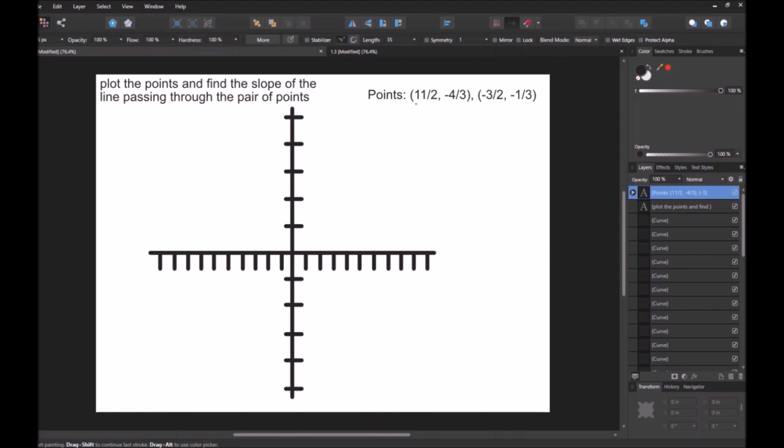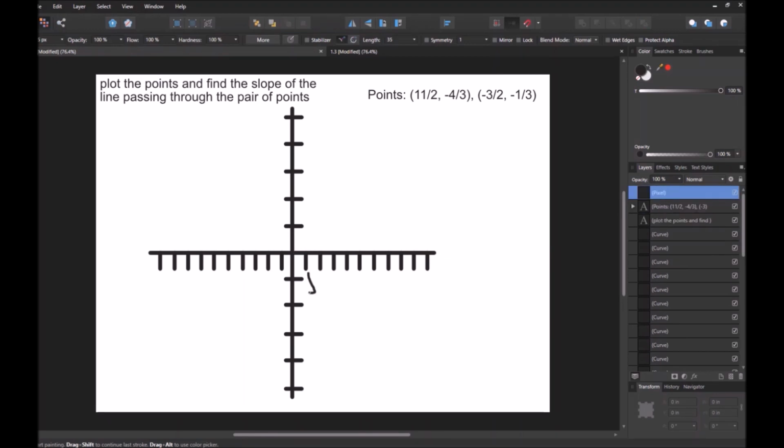So the points we're given this time are 11 halves, -4 thirds, and -3 halves, -1 third. So we're going to start by graphing the points. Now, if ever you're told to graph a fraction, and you don't know what that fraction is as a decimal number, what you can do is, for example, with 11 halves, say that for each peg along this x-axis, this is 2 halves.